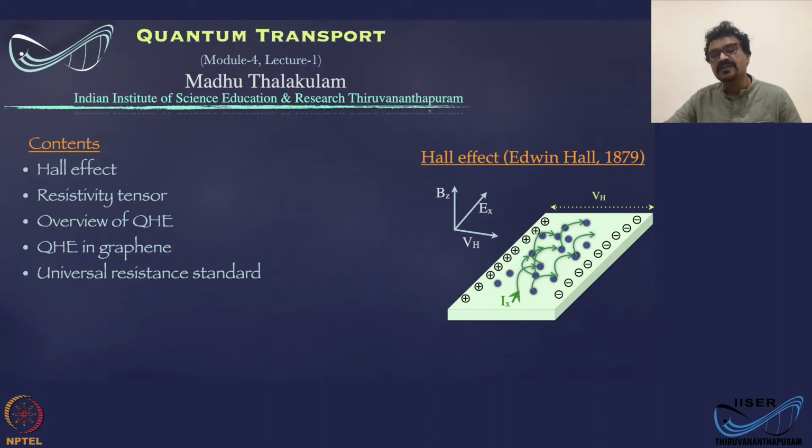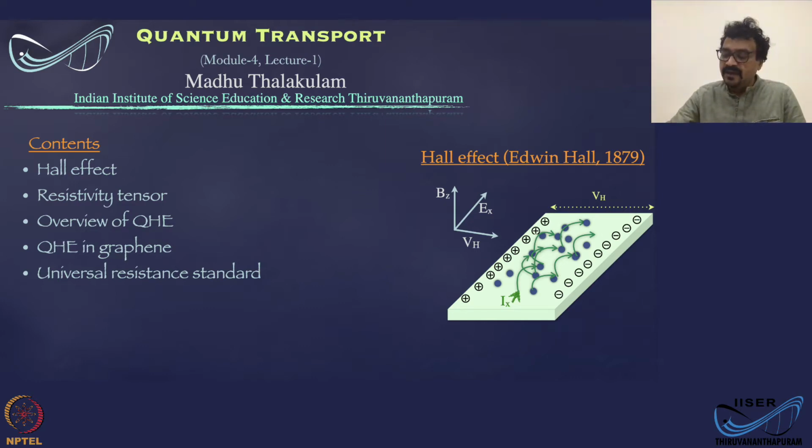There will be a steady state where a voltage is generated across the edge, that is the VH, the Hall voltage. From this Hall voltage, we can get information on the carrier concentration in the sample, and from the carrier concentration we can extract mobility, conductivity, and all these details.